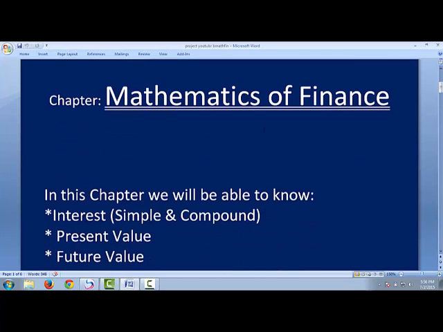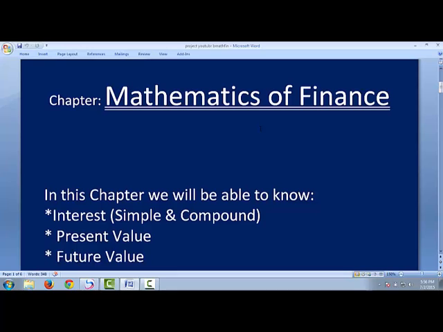In this chapter we will be able to know interest, simple and compound, present value, future value, effective interest rate and annuity.